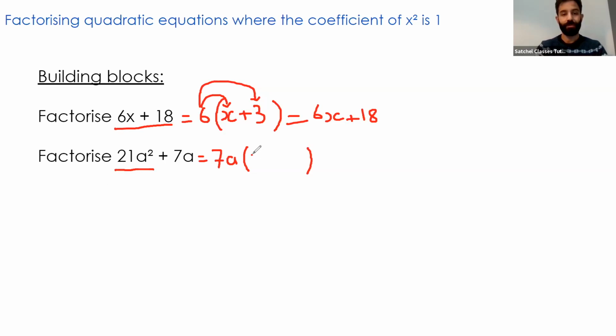So that's going to be 3a. 7 times 3 makes 21, a times a makes a squared, plus 1. And again, if we were to expand this, 7a multiplied by 3a is 21a squared, and 7a multiplied by 1 is just going to be 7a.